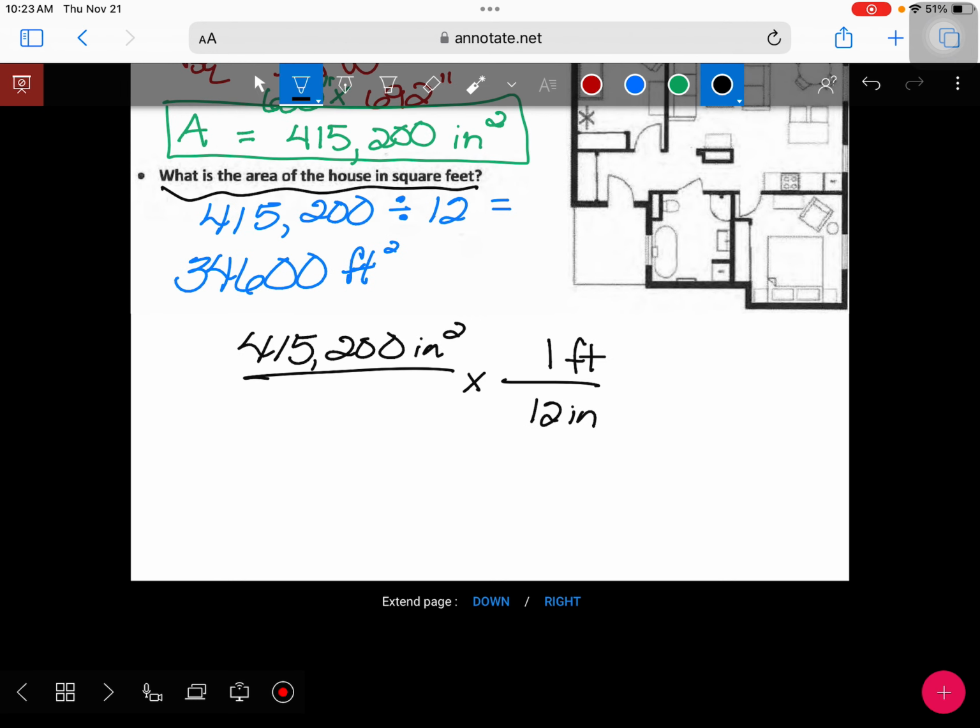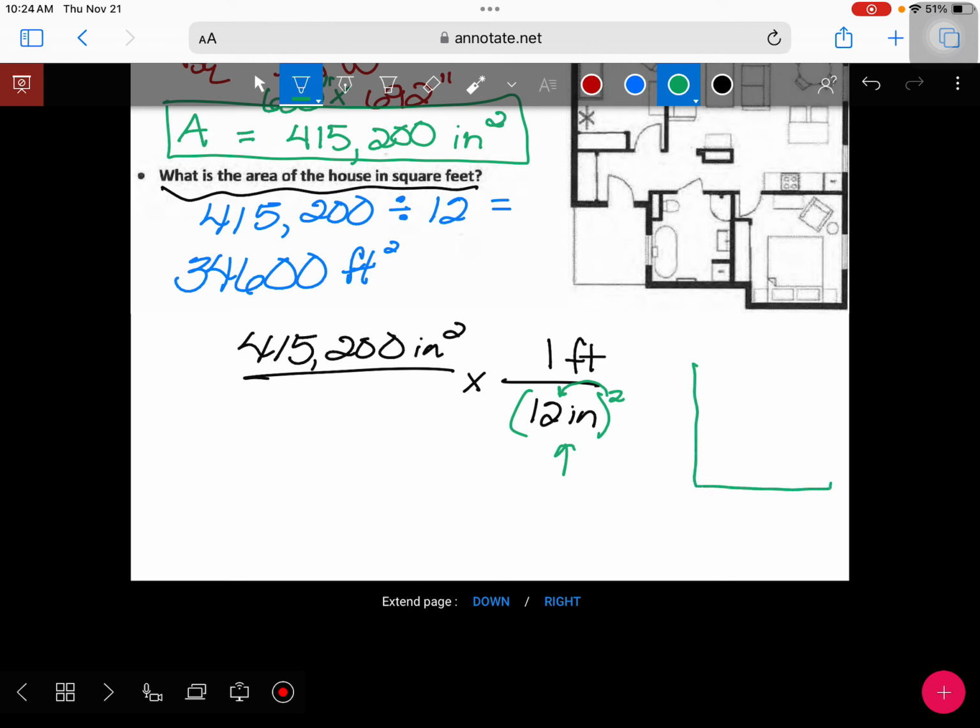The problem is we are trying to get rid of inches squared. So what do I need to do down here with my denominator to get rid of inches squared? I need to square the whole thing. So that means I need to also square the number that's involved there.